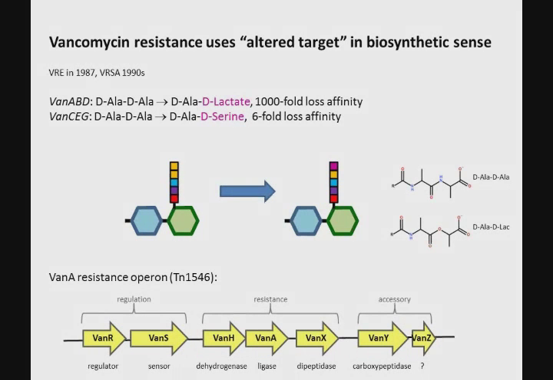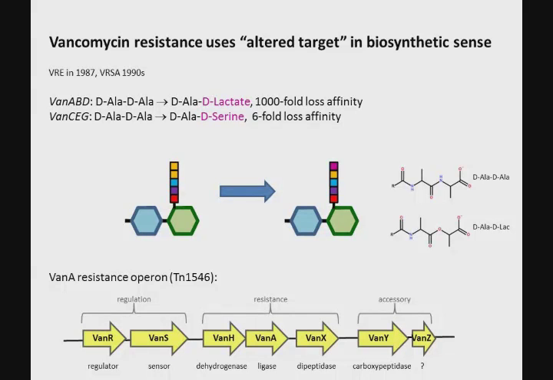So the first cassette, ABD, turns D-Ala-D-Ala into D-Ala-D-lactate, and this is the most powerful means of resistance. This subtle change gives you a 1,000-fold loss in vancomycin affinity, which is massive. The second one, D-Ala-D-Ala gets changed to D-Ala-D-serine, and this is less effective but will still give you resistance. And this is a 6-fold loss.